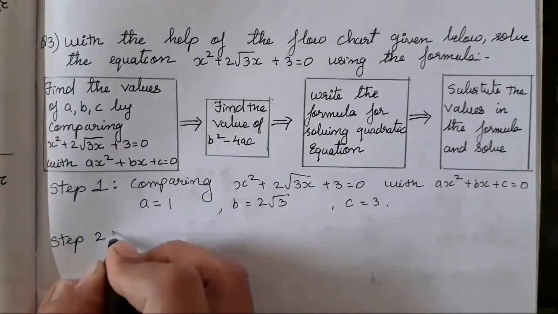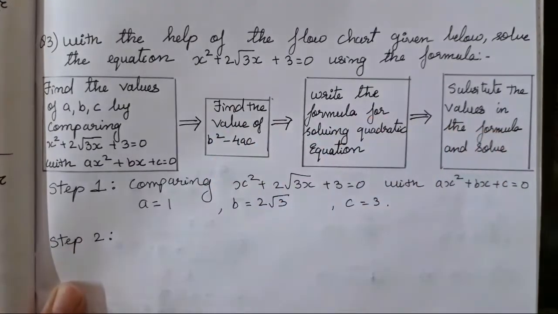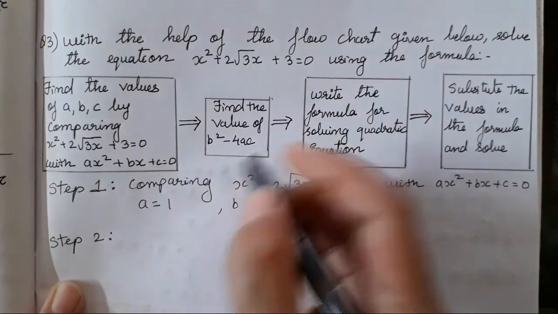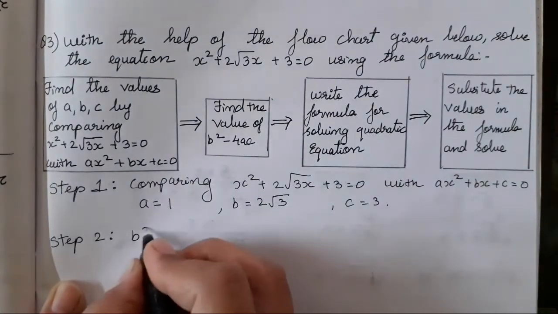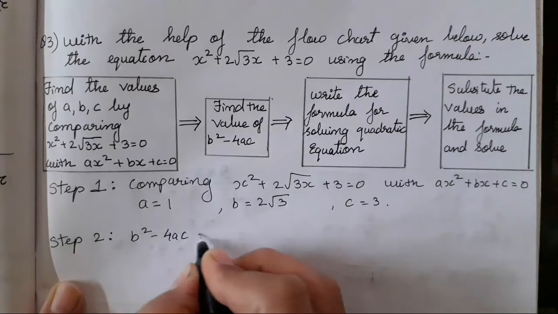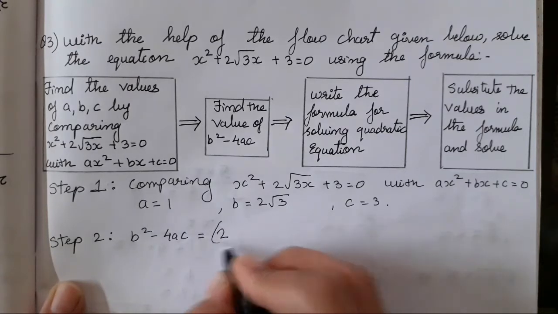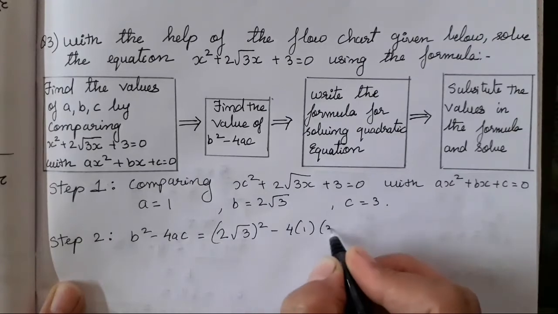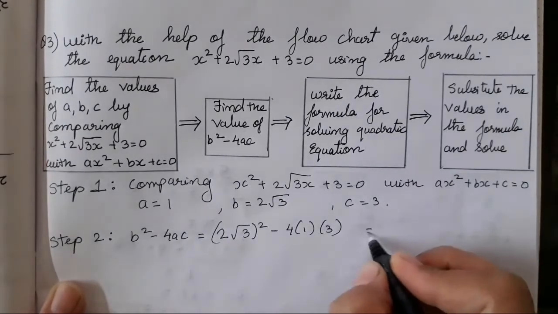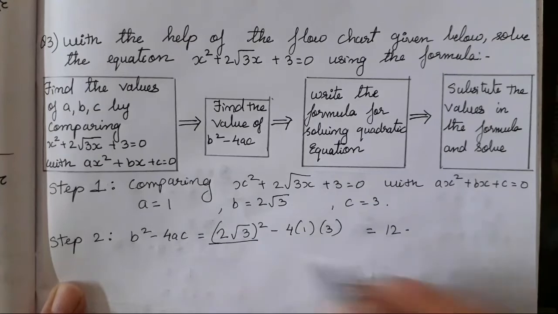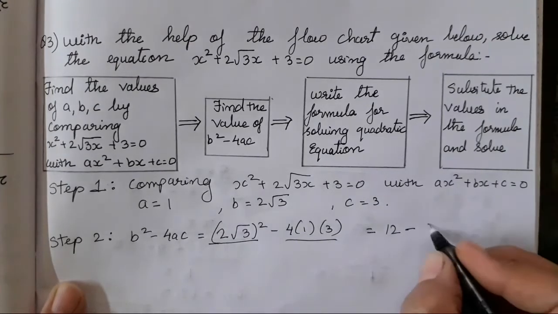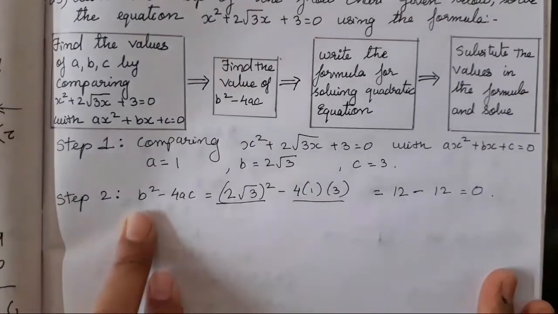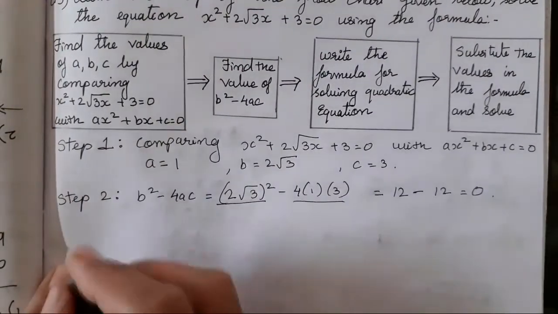So you will see that there are 4 steps as we did for all the sums. The same steps we are doing over here. Find the value of b square minus 4ac. So b square minus 4ac, which is supposed to be 2 root 3 whole square minus 4 into 1 into 3. Okay, so this will give you 12 minus 12 is equal to 0. So you have got the value of b square minus 4ac as 0.